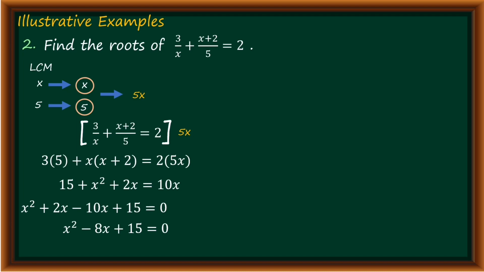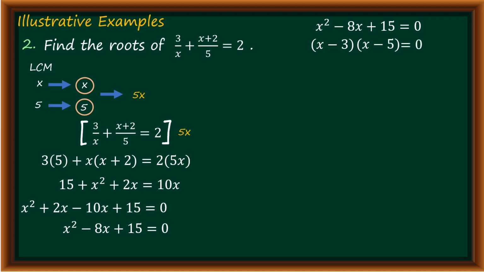Then let us apply any method in finding the solutions. Let us use factoring. So x squared minus 8x plus 15 is equal to 0 can be written as the product of the binomials: the quantity x minus 3 and the quantity x minus 5 is equal to 0.